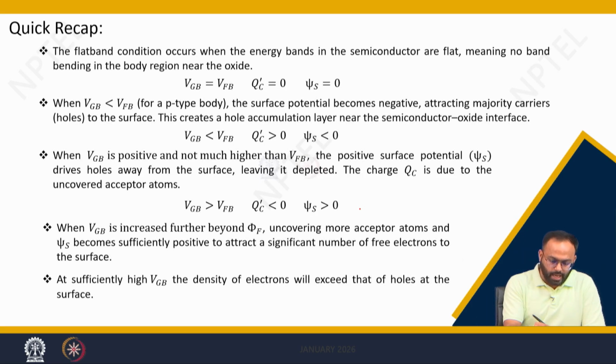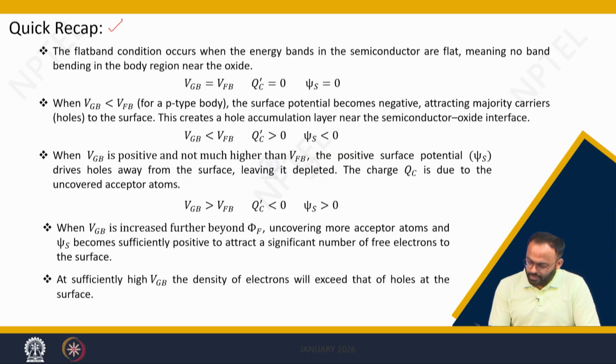Let's do a quick recap. In previous lectures, we were discussing the two-terminal MOS structure, where we said that the application of gate to body voltage causes different conditions in the MOS capacitor. So, based on the applied voltage with respect to the flat band voltage, we decide whether it is in accumulation, depletion, or inversion.